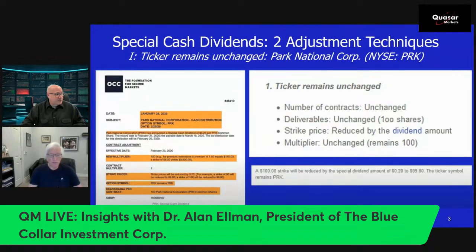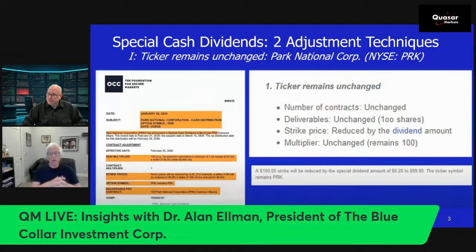Now, on the left side of the screenshot, if you went to theOCC.com and did a search for PRK at the time, or even after the contract adjustment was made public, you would see exactly what you see on the left side of the screenshot.